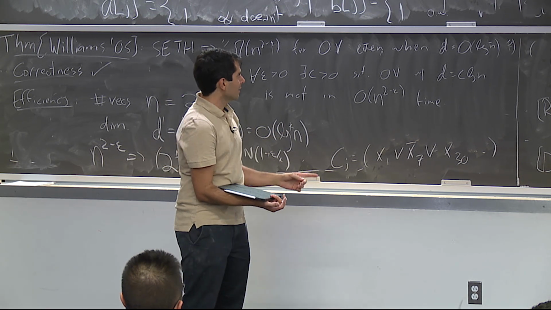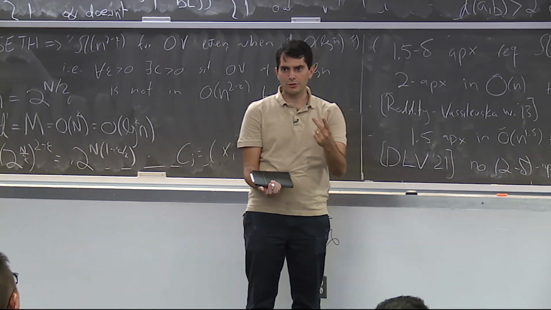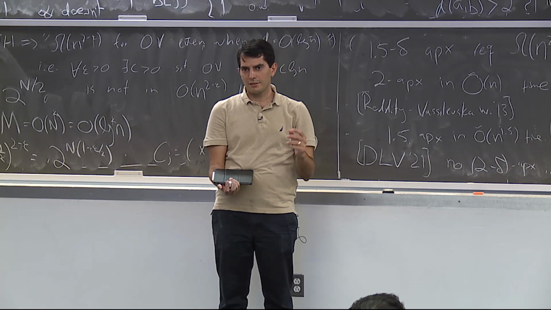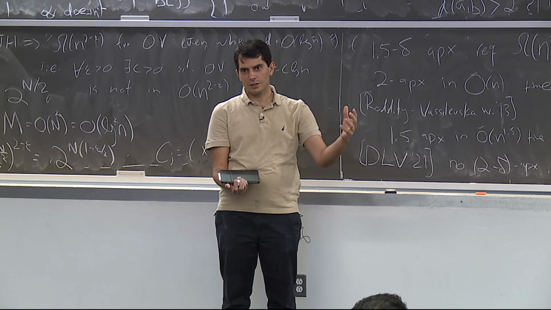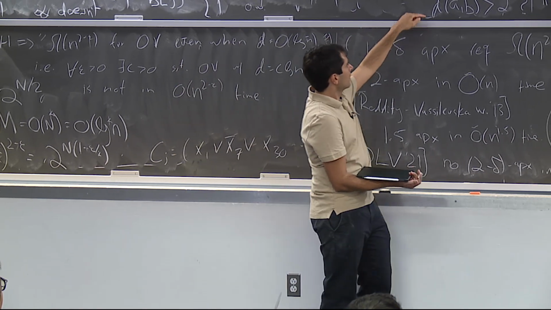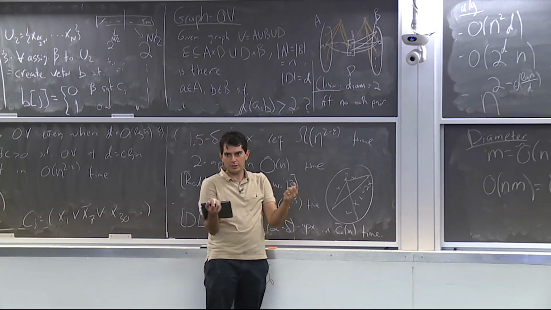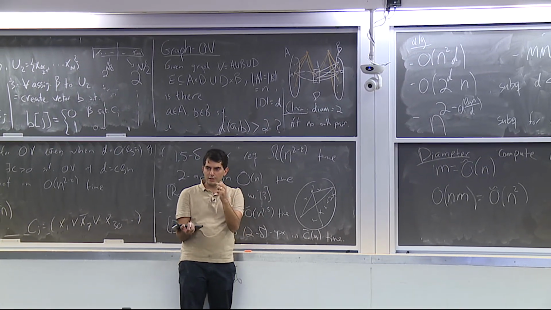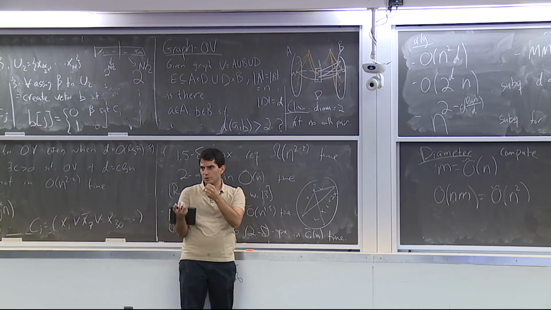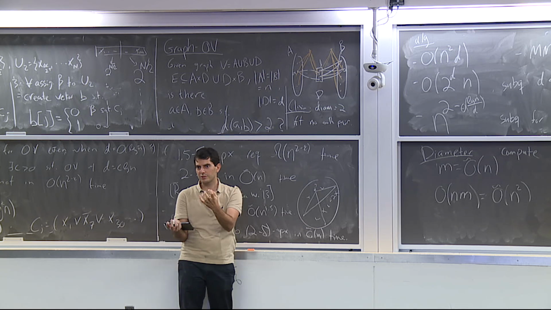One thing I will say is that with OV, when you do reductions, there are two things you have to think about. There's the vector gadget, and then there's the OR gadget. OV, I deleted the definition, but there's this orthogonality question. For each pair of vectors, you have to check if they're orthogonal. So to encode it in a different problem, you need a gadget for the vector.